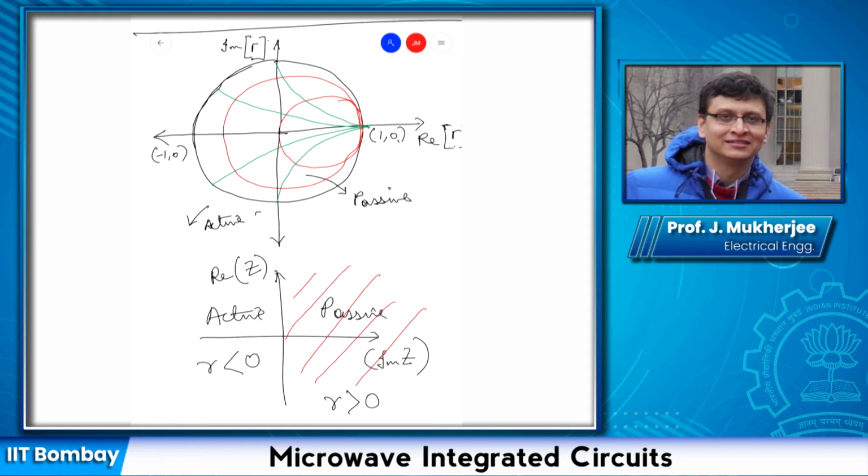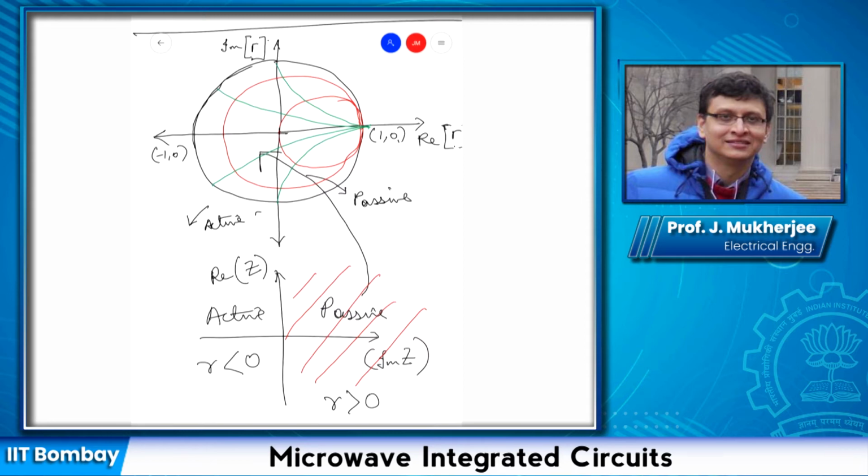So this entire right half of the Z plane is coordinate transformed to the inside of the unit circle on the gamma plane. The advantage of this operation is that it helps us visualize all passive devices within a limited region.